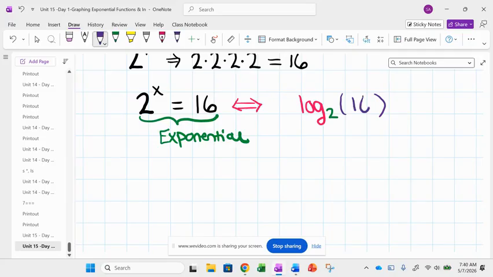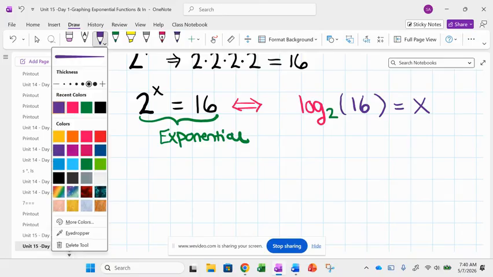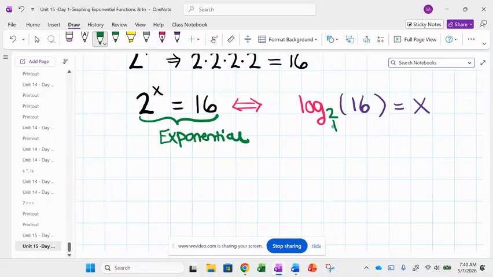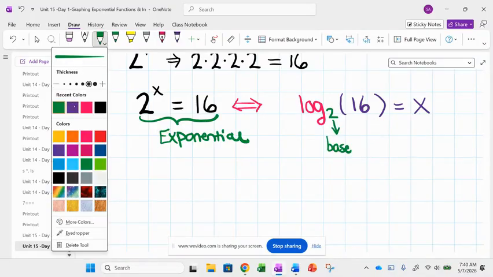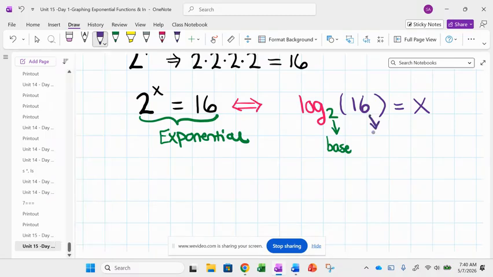So here it's 16, equals what we're solving for, which is the exponent x. All right, so this is our base. This 16 is called the argument.